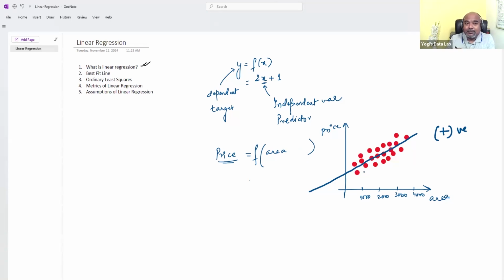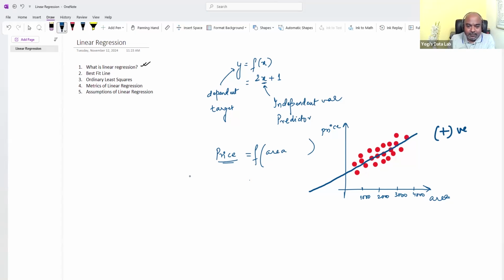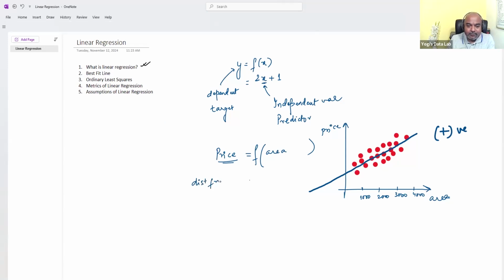But it is not just the single variable which will contribute, right? There can be multiple variables which can contribute, like distance from school. So let's write it down. Distance from school. You can also have distance from market. Does it have a parking or not?